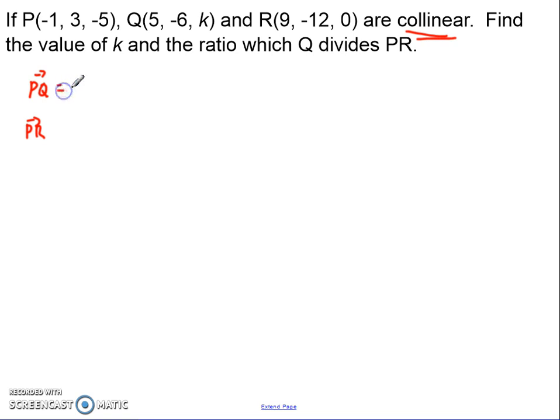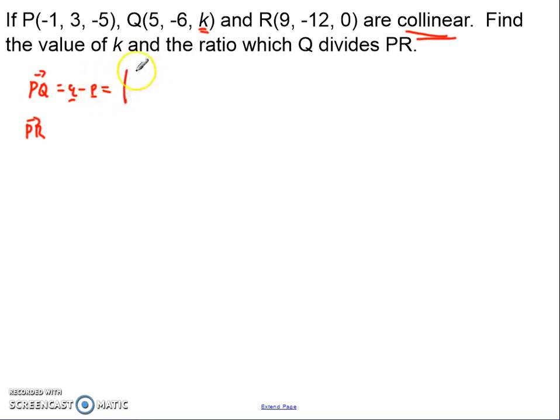So for PQ, what we have to do is figure out Q minus P to get that, and then we get an answer. Now the Q has the unknown part there, the k, so we're going to get some sort of an unknown part in the equation. This will allow us to then start to find what we're looking for.